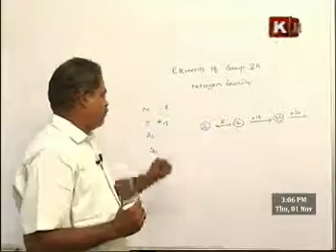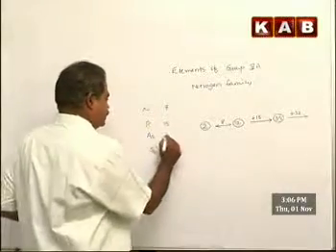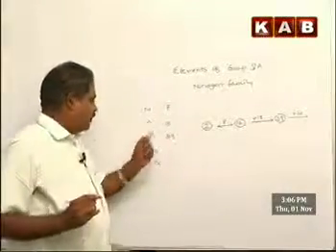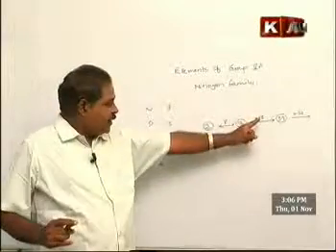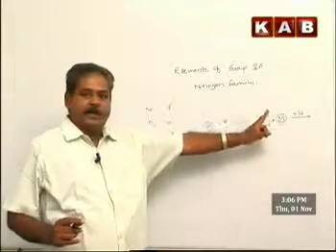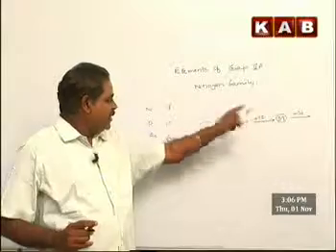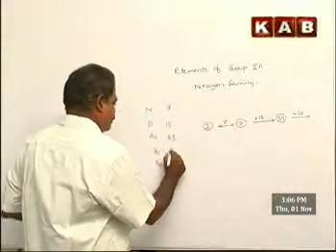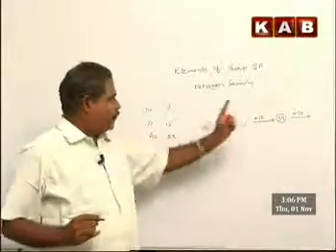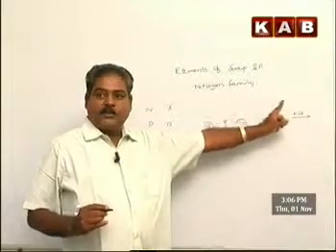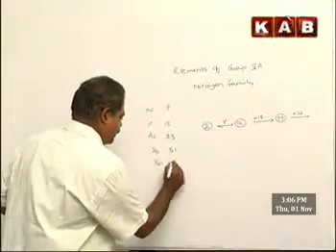So, 15 plus 18, 33. So, what do you add to 33? Once again, it falls in the same range, that is 12 to 39. So, add 18 again to get 51. And 51 falls in the last range, add 32 to get 83.